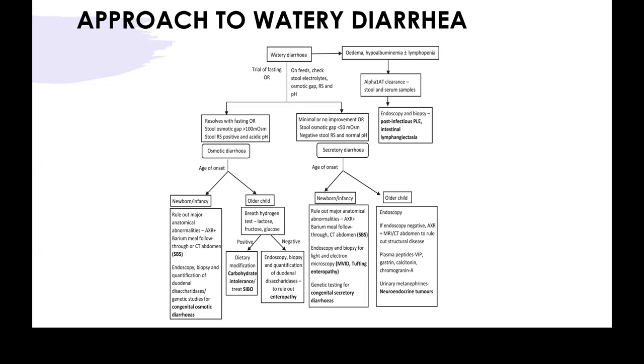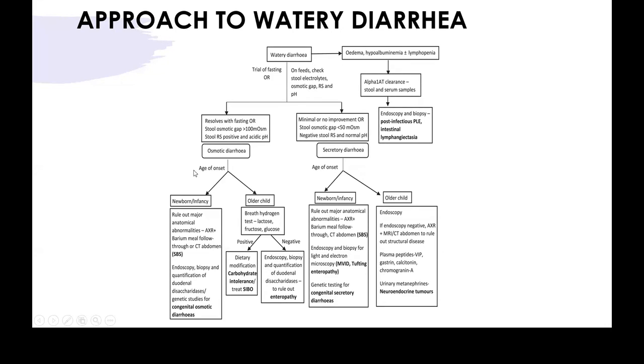So whatever we have discussed up to now, this is a rough algorithm of approach to a patient with watery diarrhea. So if you have a patient with watery diarrhea, you have to exclude protein losing enteropathy by doing this assessment, which I have already discussed. And based on the information we have earlier, based on the stool osmotic gap, with the results with fasting, you can classify it as osmotic diarrhea or secretory diarrhea.